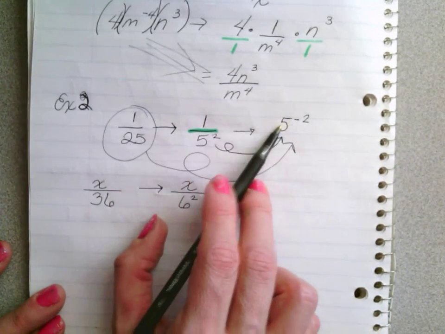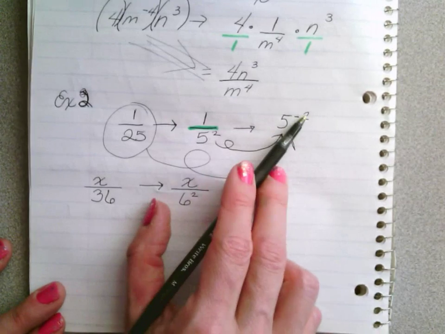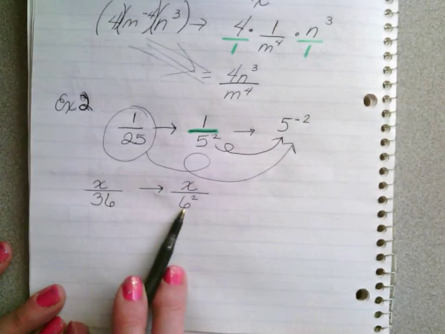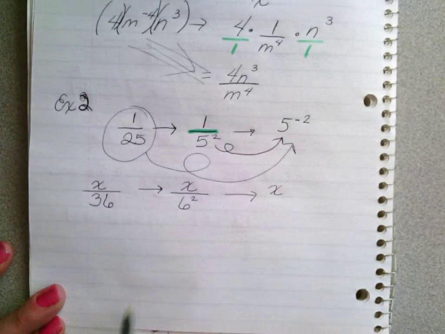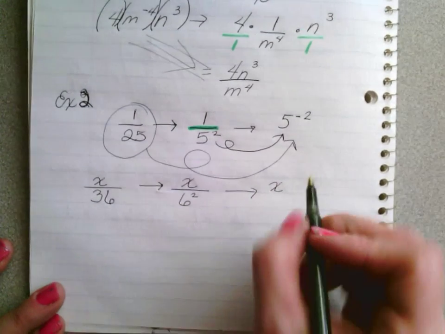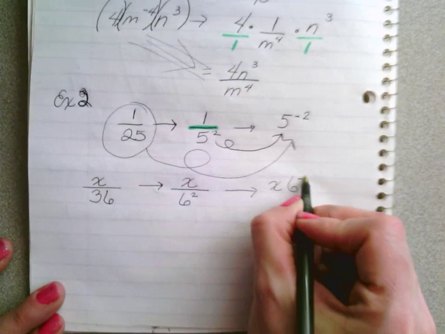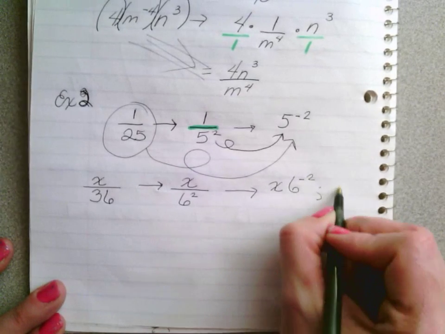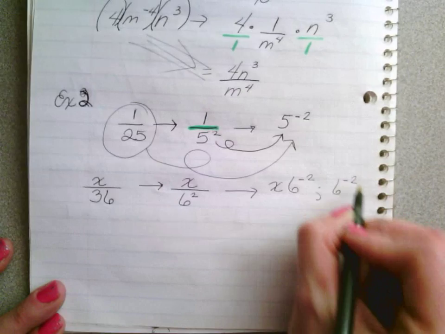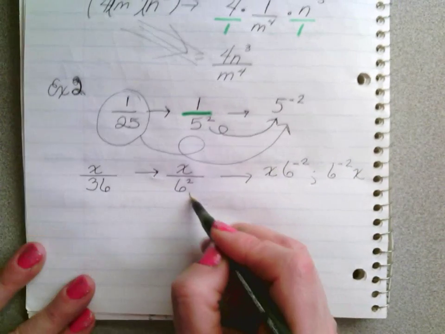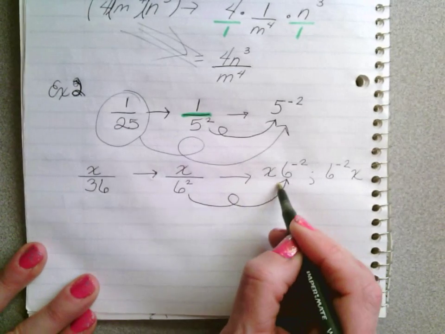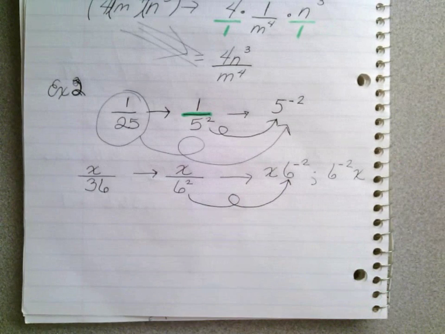It's 1 times 5 to the negative second, but you don't write that, do you? You never would. But here we still have something in the numerator position that we have to keep track of. So it becomes x times 6 to the negative second, which normally you would write 6 to the negative second times x. In any case, we took this and moved it up, and now we no longer have a fraction bar, doing what they asked us to do.